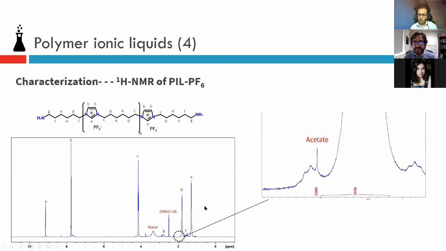That means that the metathesis reaction can be used to purify the ionic liquid to a large extent, because the acetate that is observed here is a very, very small signal compared with the rest of the signal coming from the polymer. So this is interesting, at least it is interesting for us.